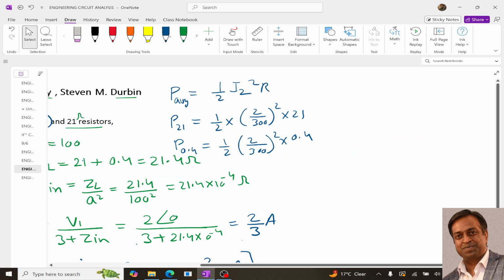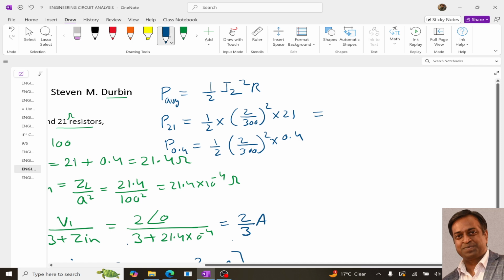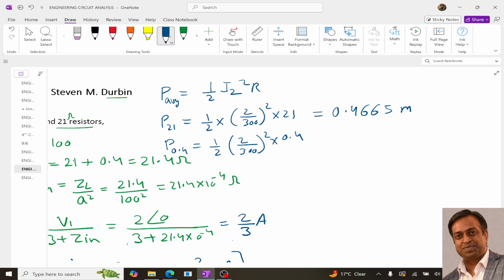If you solve this for the 21 ohm, you will get 0.4665 milliwatt.